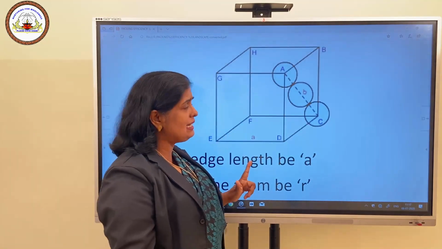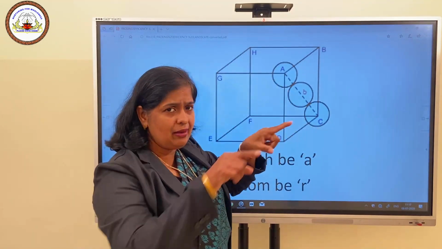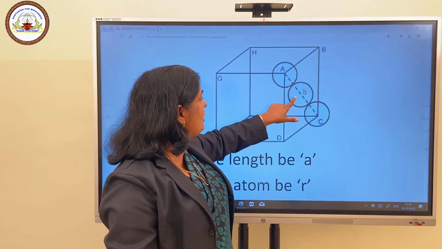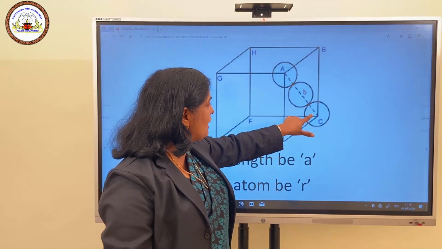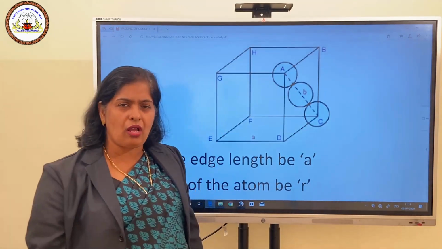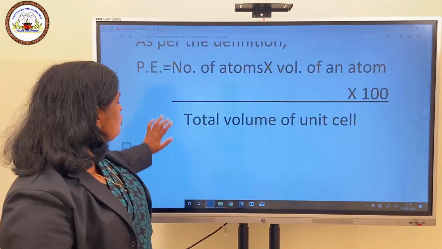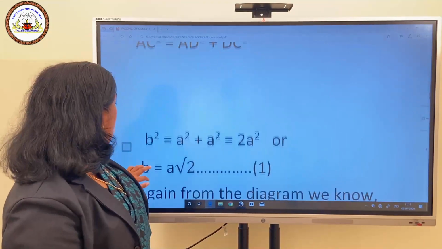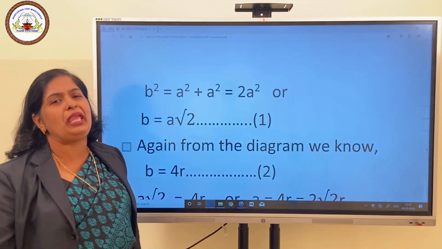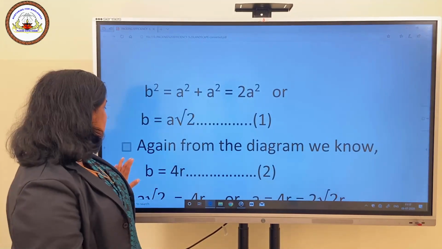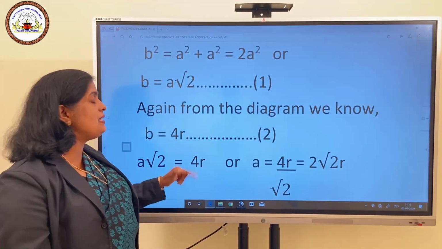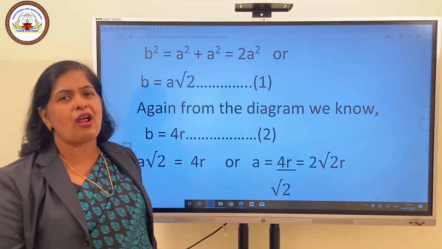So how many radii come here in this b, the face diagonal? 2r plus r is 3r, plus r is 4r. So we got 2 expressions for b. One is b is equal to a root 2. The second expression, from the diagram, is b is equal to 4r.